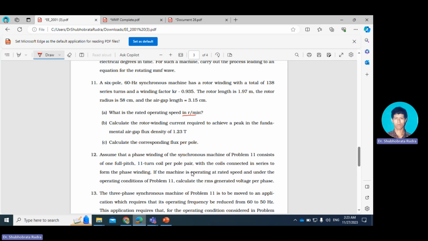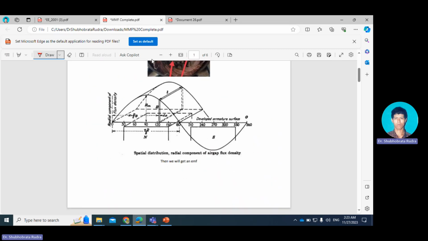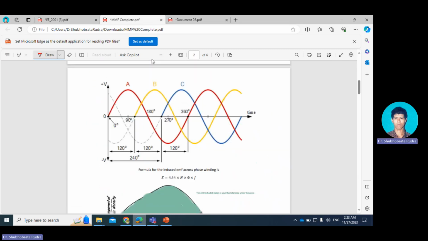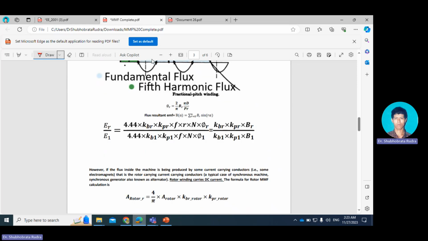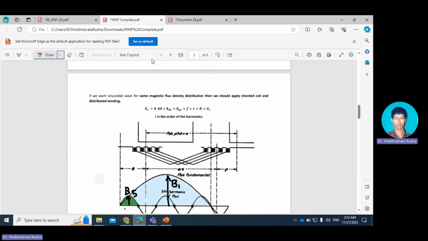Let us go to our formula. Here, the formula is this. The air gap induced EMF formula is this one.